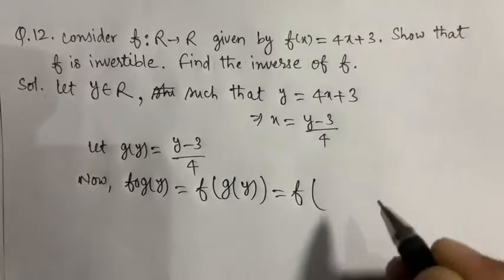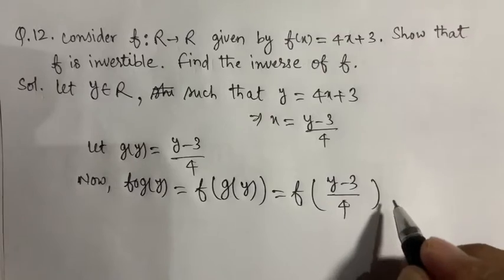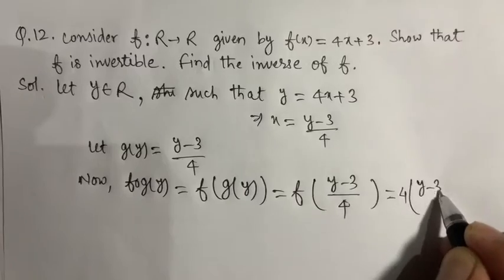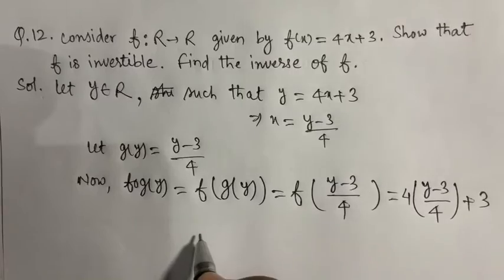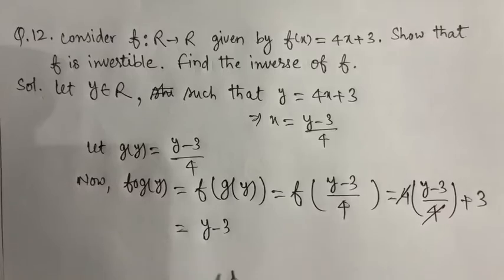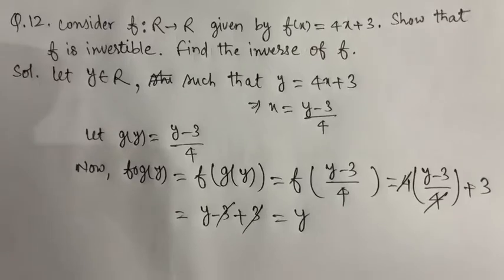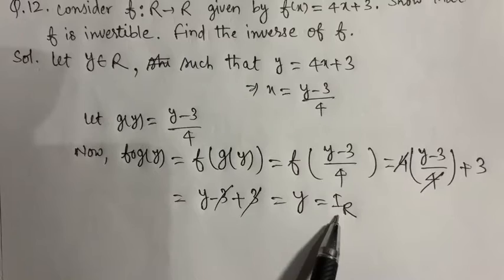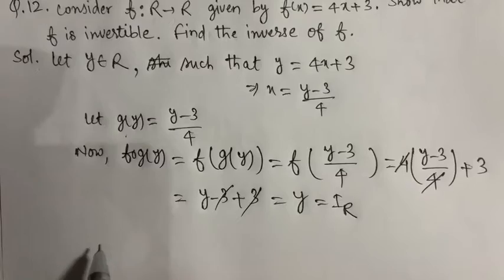It is f of (y minus 3) by 4, and when we put it here it will be 4 into (y minus 3) by 4 plus 3, and when we simplify it, it will be y minus 3 as 4 will cancel, y minus 3 plus 3, minus 3 plus 3 will cancel, and we will get y, which is I_R, I for identity element for the codomain in this case, as y we have taken from the codomain set.